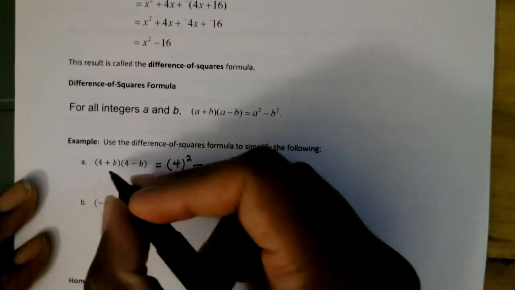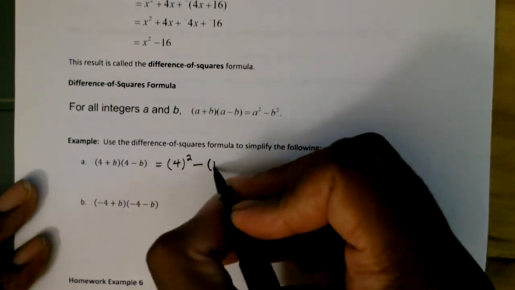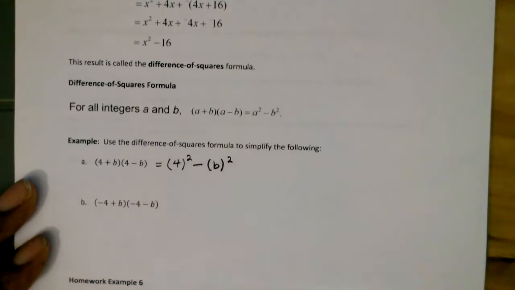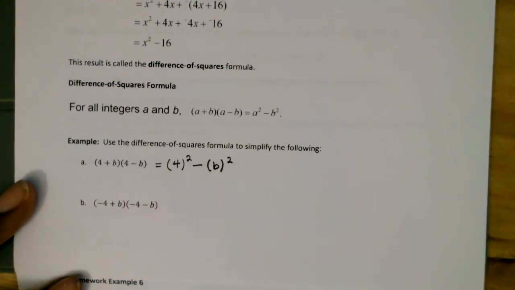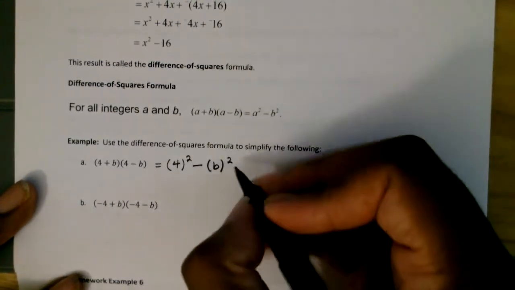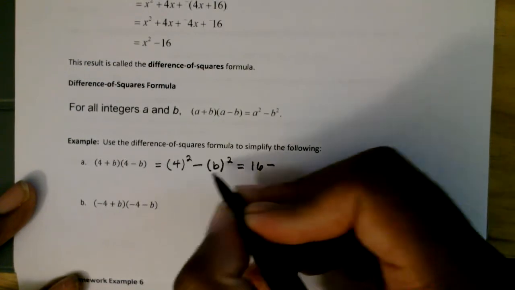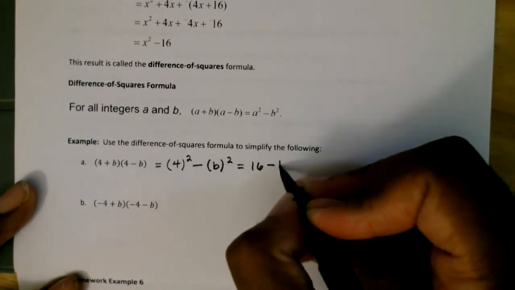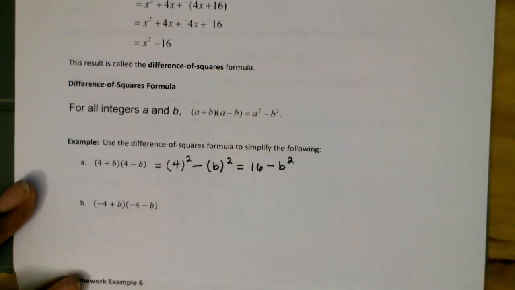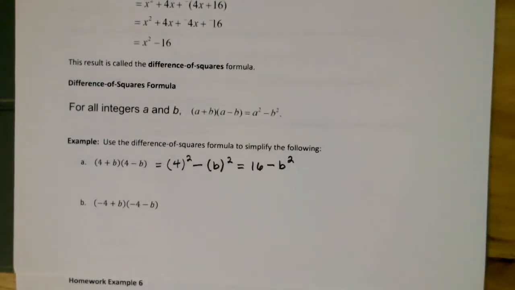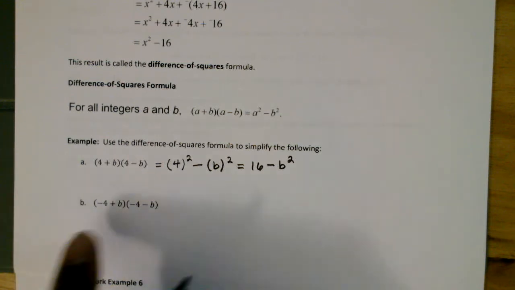Then it's going to be minus the square of the second term, b. If I simplify this, 4 squared is 4 times 4, that's 16, minus b squared, well, b raised to the second would just be b squared. So I'm going to end up with 16 minus b squared.